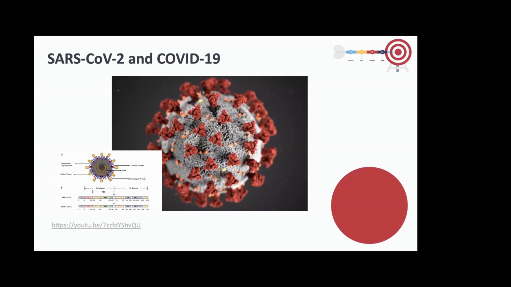Because it's an RNA, it doesn't need to go to the nucleus to integrate itself into the DNA of a human, but it uses the ribosome to replicate itself in the cells.